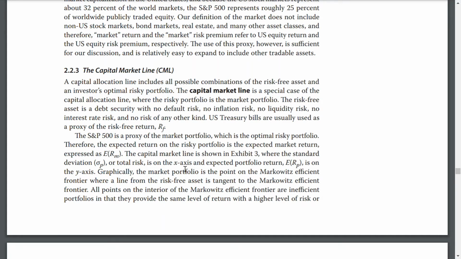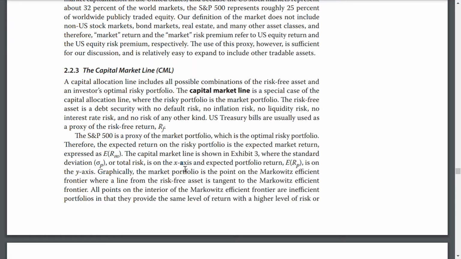The capital market line is shown in Exhibit 3, where the standard deviation, or total risk, is the x-axis, and the expected portfolio return is the y-axis. Graphically, the market portfolio is a point on the Markowitz efficient frontier.